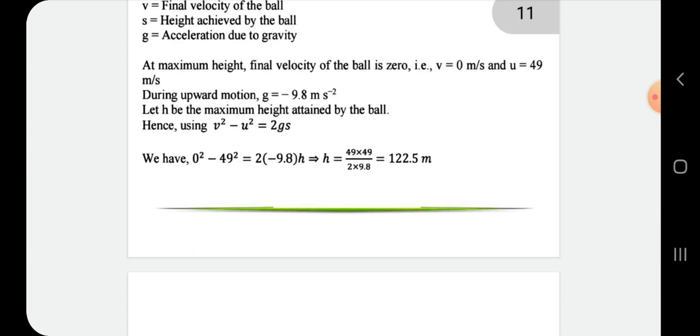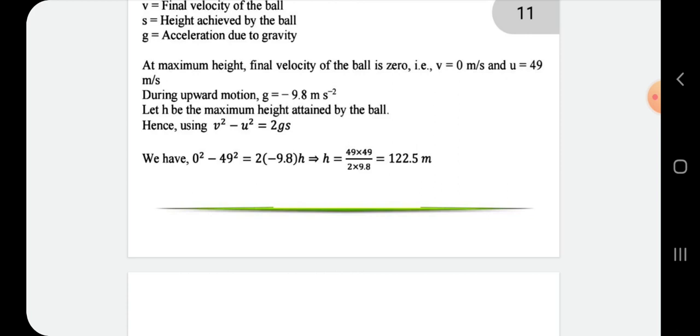Now during upward motion you have to consider gravity in negative because it is going against gravity, so that is minus 9.8 meter per second square. Let h be the maximum height attained by the ball. So let's use the formula v square minus u square is equal to 2gh.